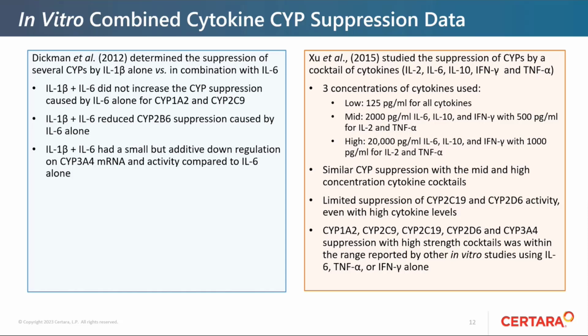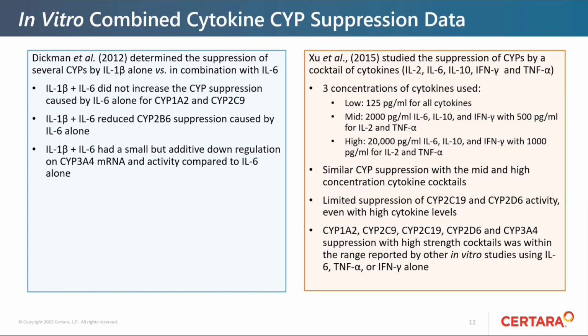On the right-hand side, in Xi's study, they studied the suppression of CYPs in hepatocytes when incubated with a cocktail of cytokines. The cocktail contains IL-2, IL-6, IL-10, interferon gamma, and TNF-alpha. They looked at three different concentrations: low, mid, and high.